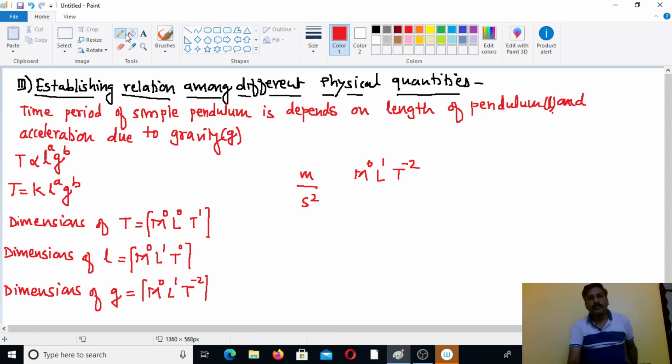Now we can use this relation, that is T equals K into L raised to a, g raised to b.